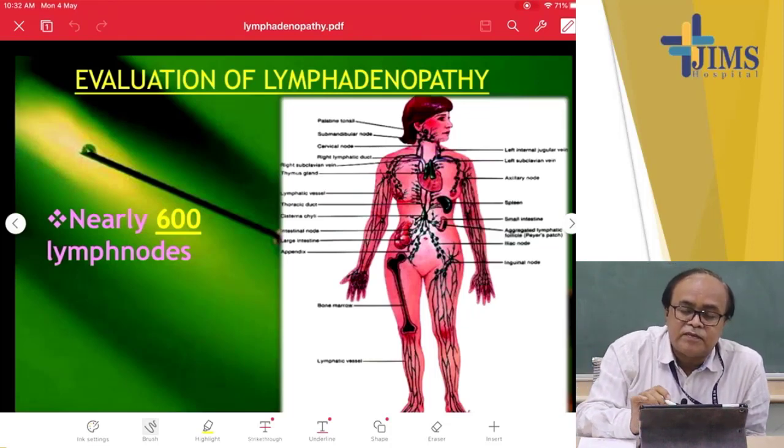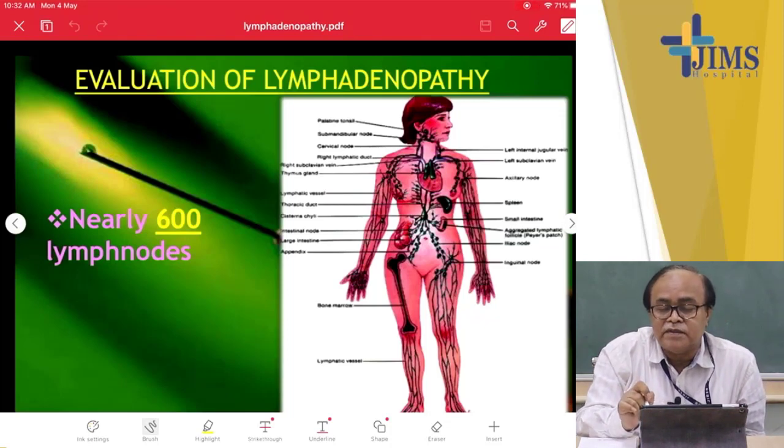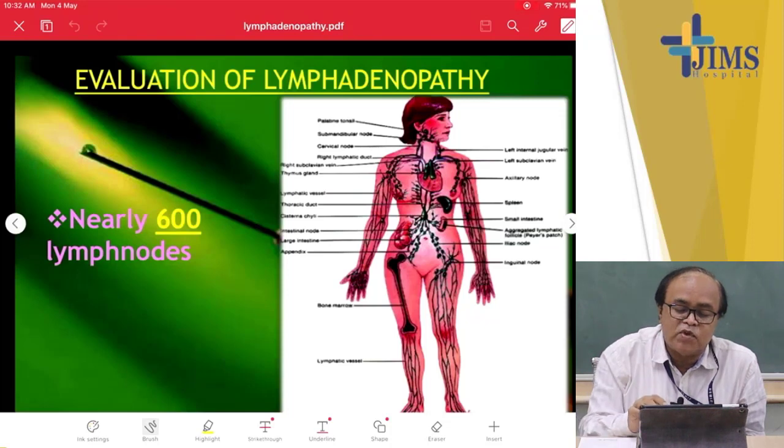Starting from head, neck, you go down, there are submandibular lymph nodes, cervical lymph nodes, submental, then axillary lymph nodes, then lymph nodes in the abdomen, lymph nodes in the inguinal region, etc.